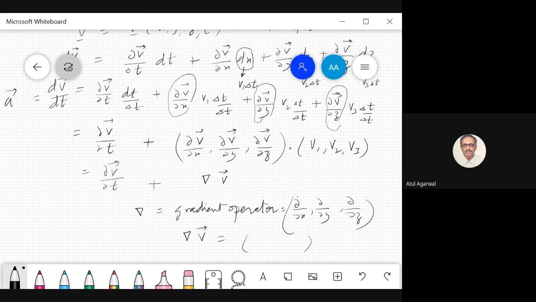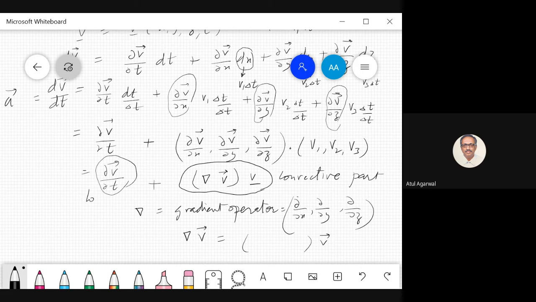So this whole thing with v. You will take del by del x of v, del by del y of v, del by del z of v. And this is having a multiplication with vector v, which is nothing but the velocity vector. So this is known as the convective part of the acceleration. And this is known as the local time derivative.